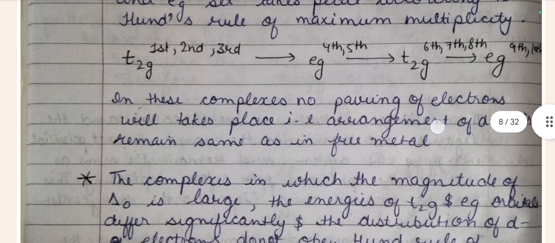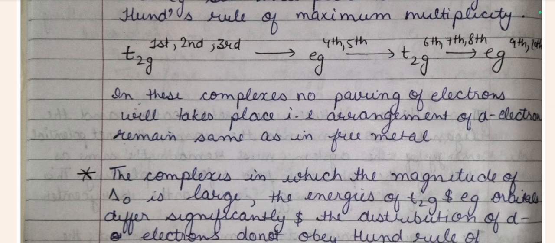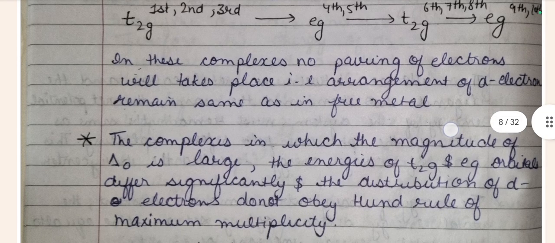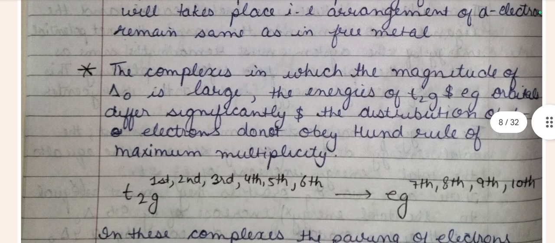In these complexes, no pairing of electrons will take place, and the arrangement of d electrons remains the same as in the free metal. In the complexes in which the magnitude of Δo is larger, the energies of T2g and Eg orbitals differ significantly, and the distribution of d electrons does not obey Hund's rule of maximum multiplicity.